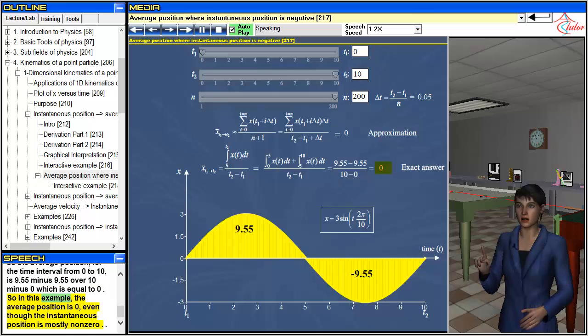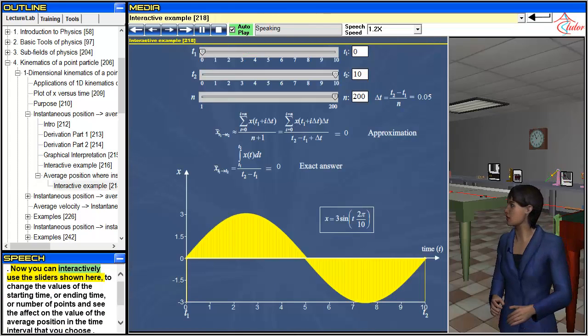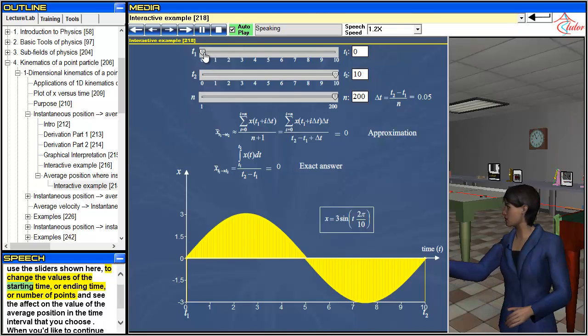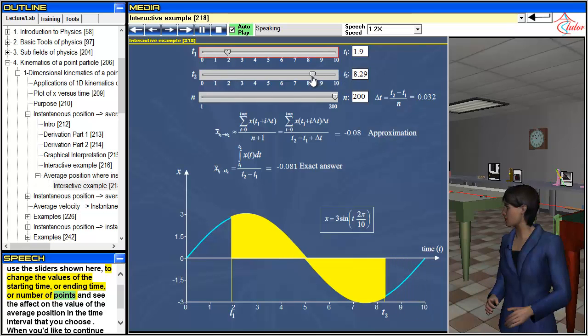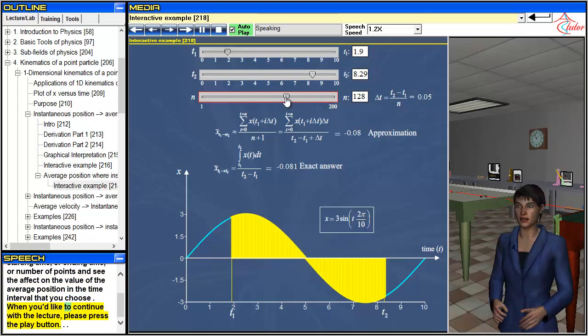So in this example, the average position is 0, even though the instantaneous position is mostly non-zero. Now you can interactively use the sliders shown here to change the values of the starting time, or ending time, or number of points, and see the effect on the value of the average position in the time interval that you choose. When you'd like to continue with the lecture, please press the play button.